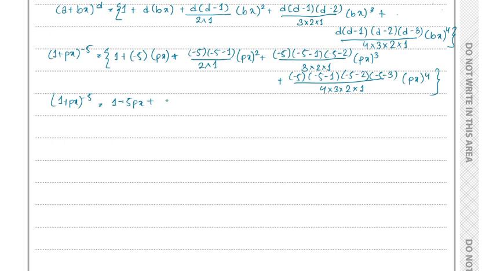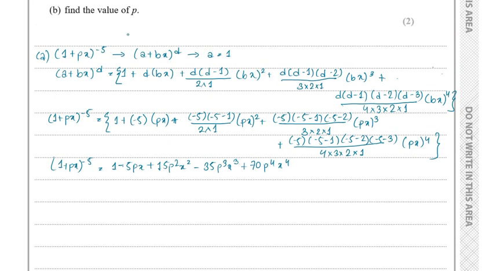Then minus 35p cubed x cubed, and this is if you multiply minus 5 by minus 6 by minus 7 divided by 6, p x cubed, then you will get minus 35p cubed x cubed, and plus 70p to the power 4 x to the power 4. This is the expansion for part A.